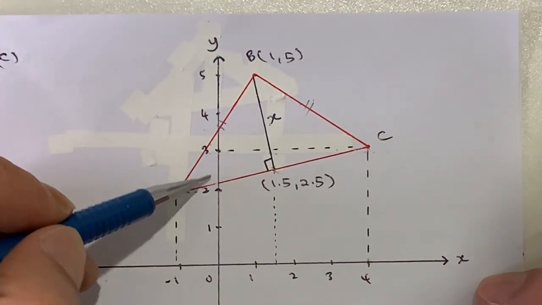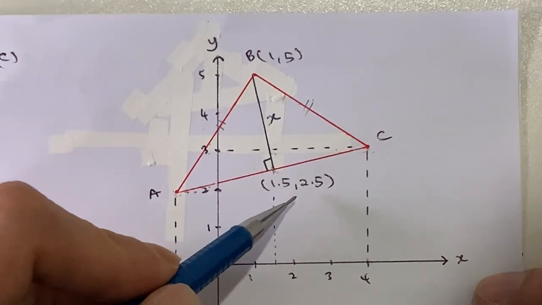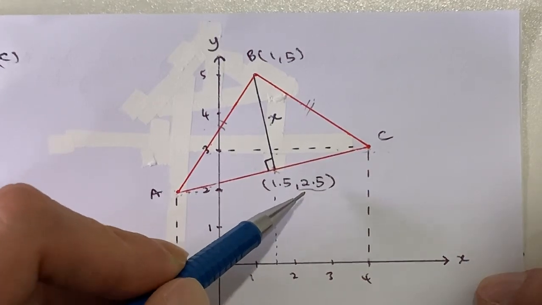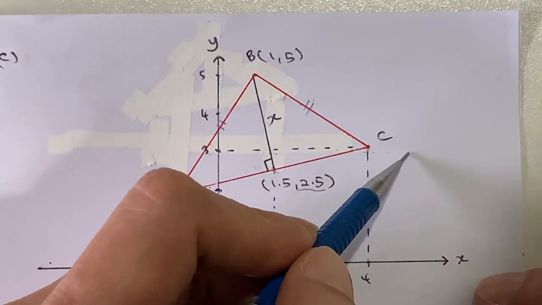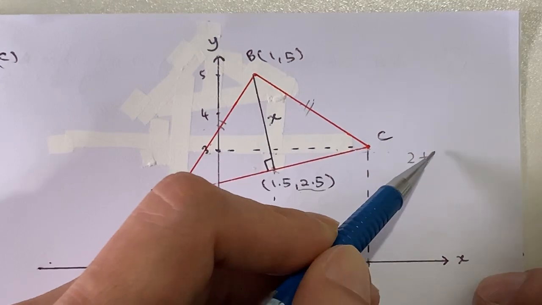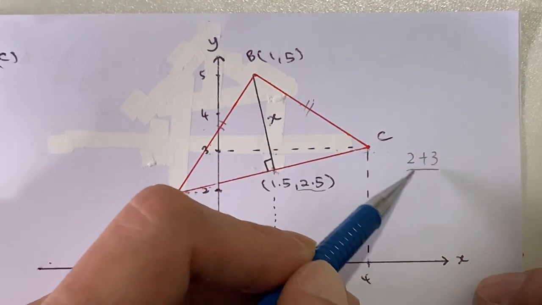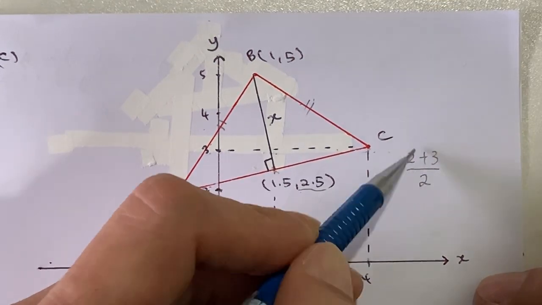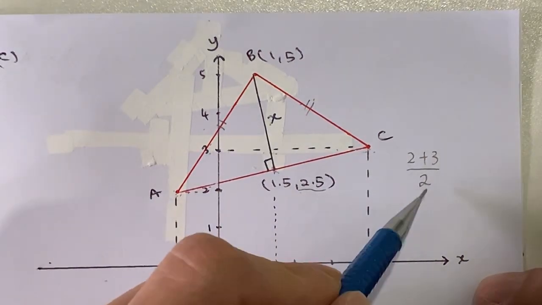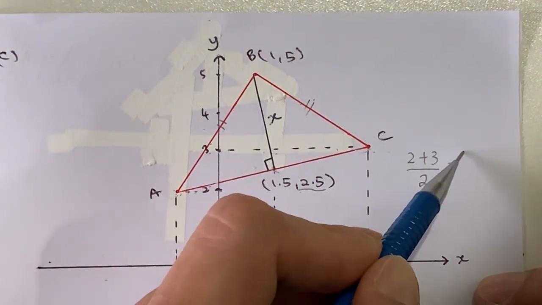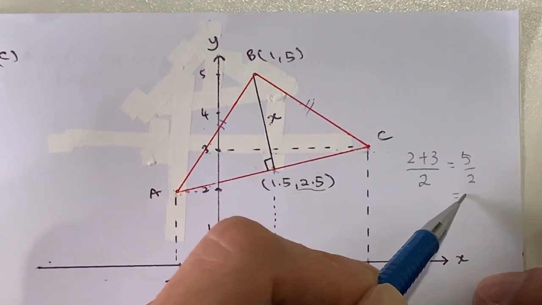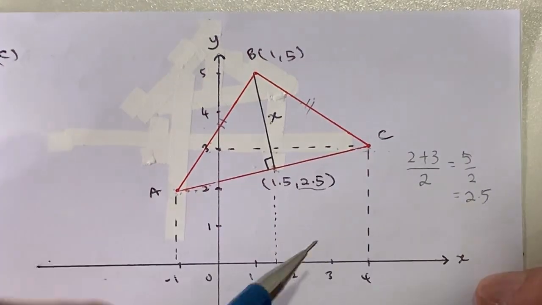So between 2 and 3, it is 2.5. How do I get this 2.5? Between 2 and 3, I will just add up 2 plus 3 divided by 2. Then I will get the number between 2 and 3. So this is 5 over 2, which is 2.5.